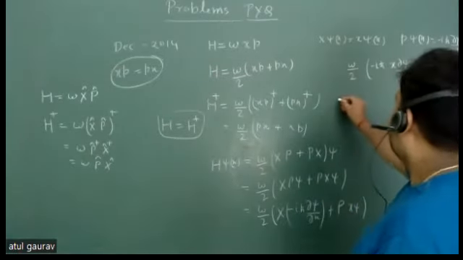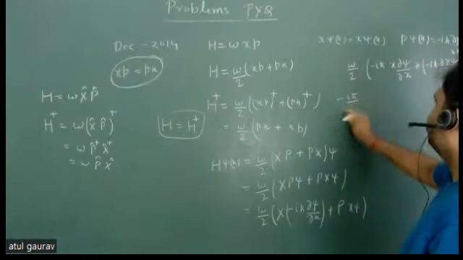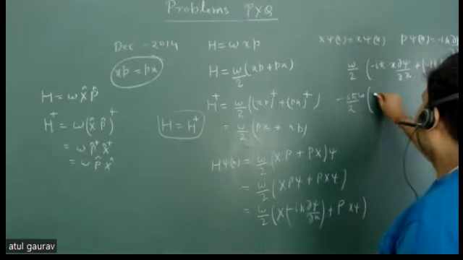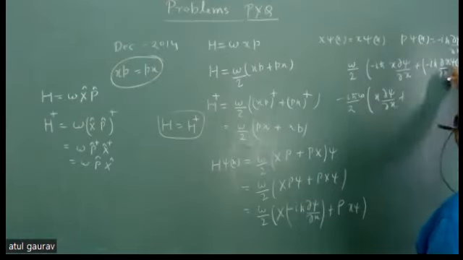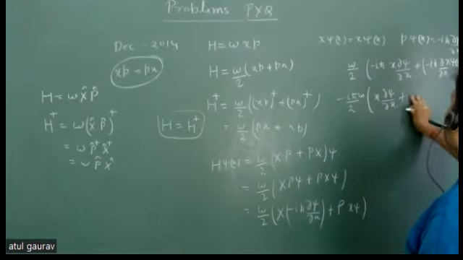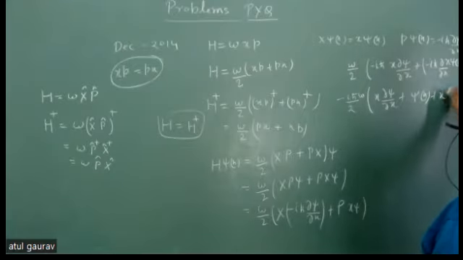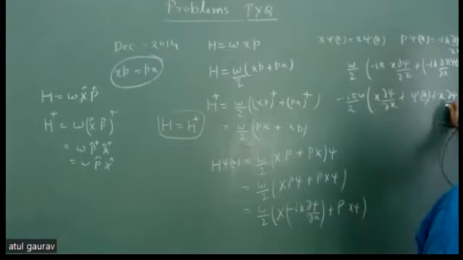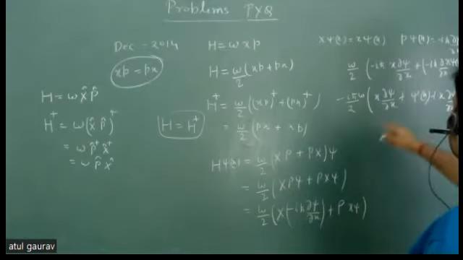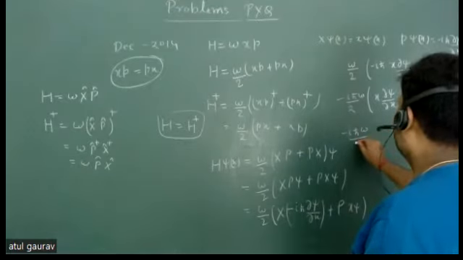So we can take minus i h cut omega upon 2, and we have x del psi upon del x plus, we first differentiate x, giving psi, and then keep x and differentiate psi, giving del psi upon del x. So this is something like minus h cut omega upon 2.